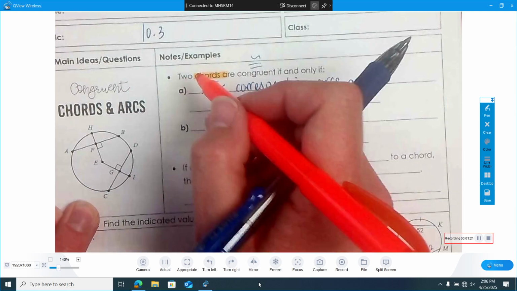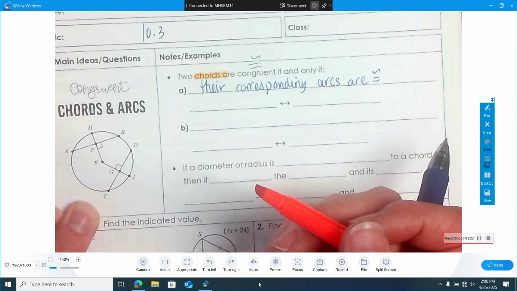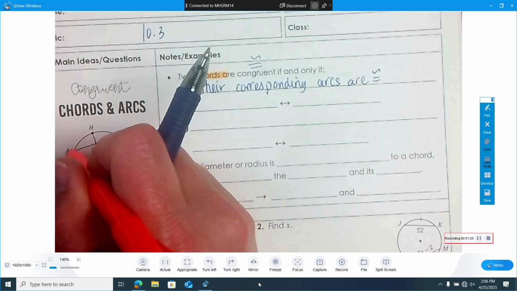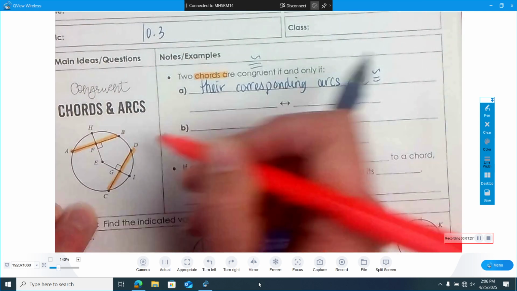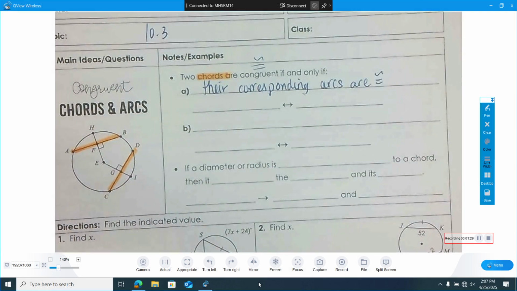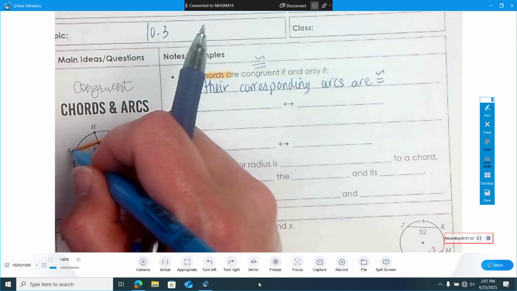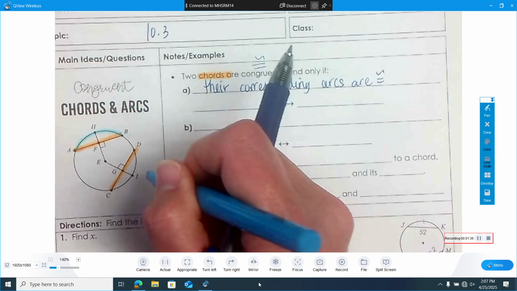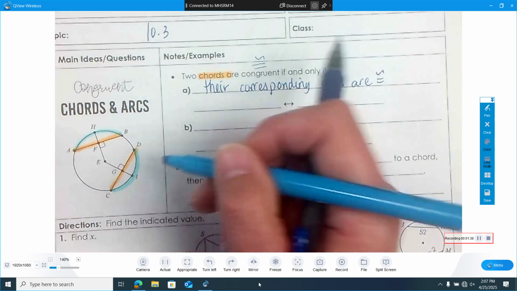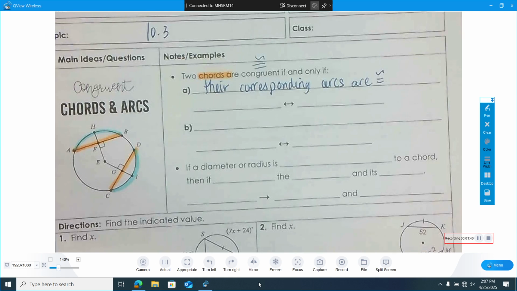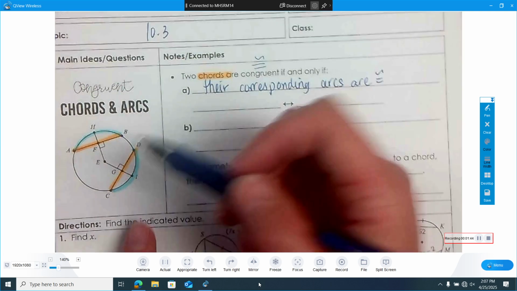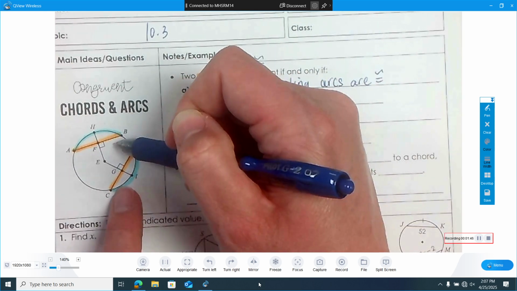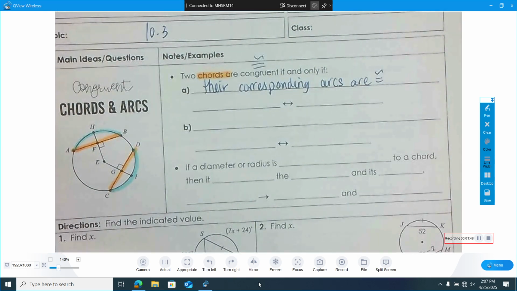Where are two chords in my circle? AB, good, and CD. There's our two chords. These two chords will be congruent if their corresponding arcs that they intercept, arc AB and arc CD, are congruent. Does it make sense to you that the chords that cut them off are also congruent? Yeah, makes total sense, right?